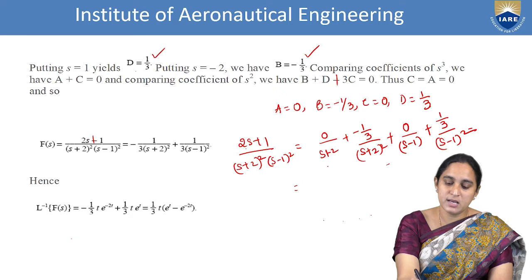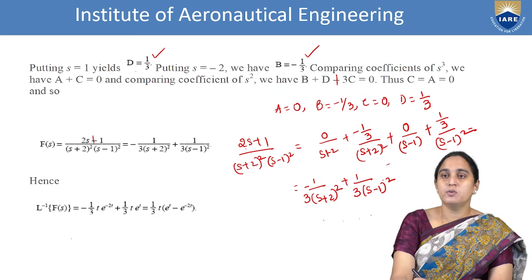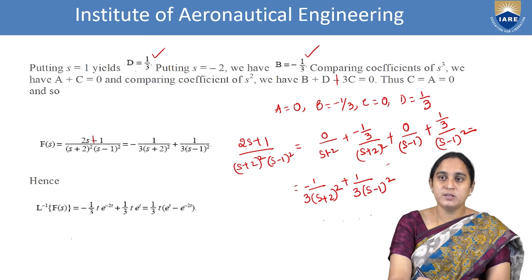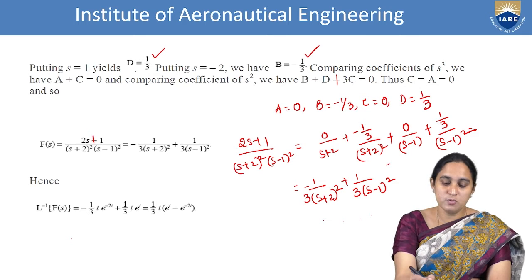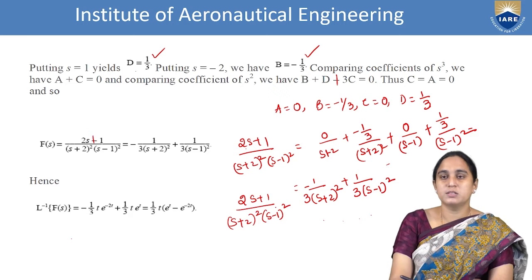Therefore, A and C are 0, so that is minus 1 by 3 into s plus 2 whole square plus 1 by 3 into s minus 1 whole square. This is equal to 2s plus 1 by s plus 2 whole square into s minus 1 whole square.